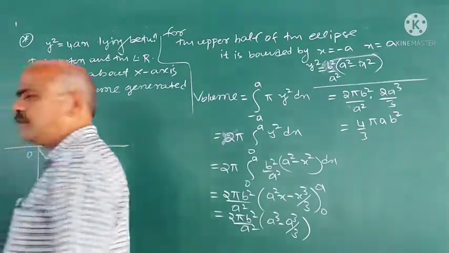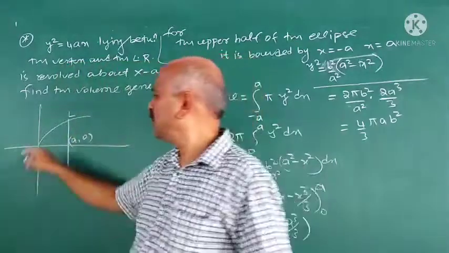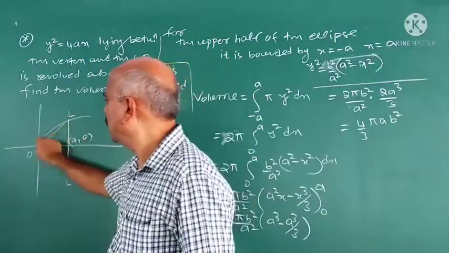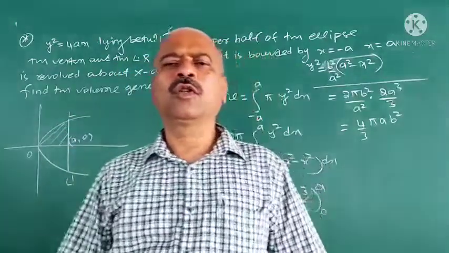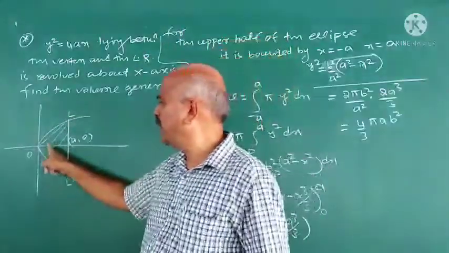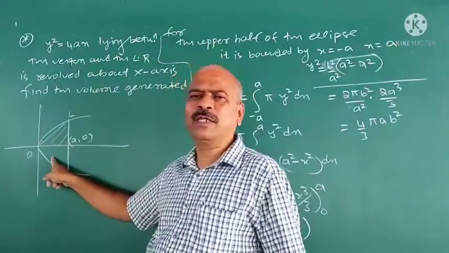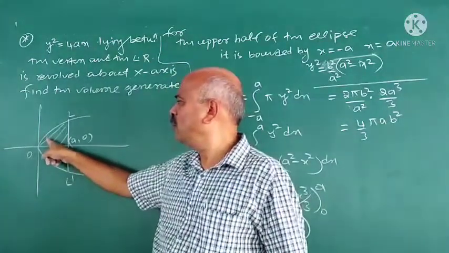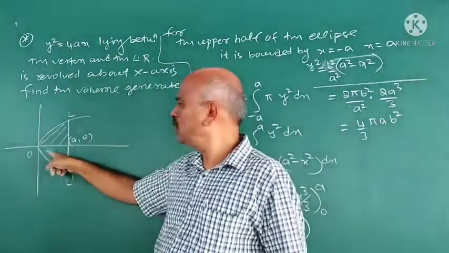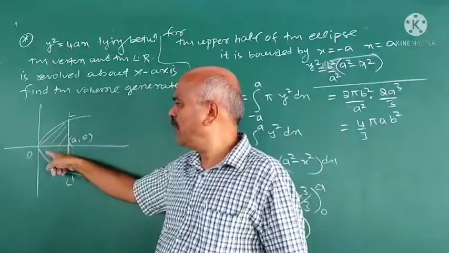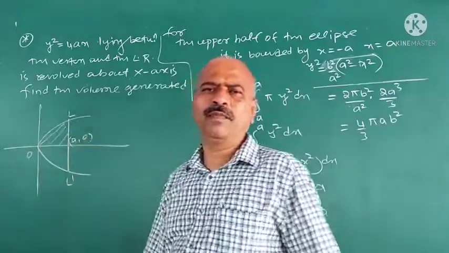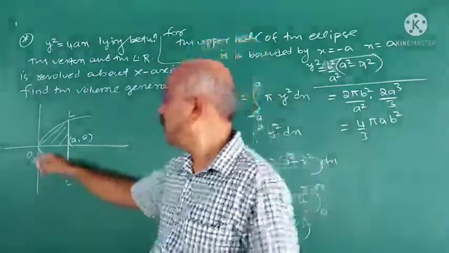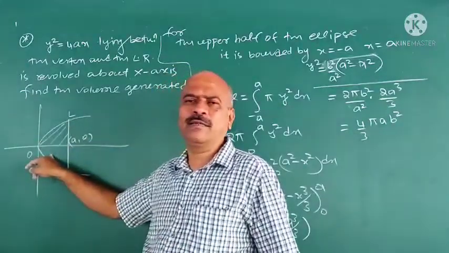Because of symmetry, the solid obtained by revolving the complete area is the same as the solid obtained by revolving only the upper half, because the lower half is included by symmetry.